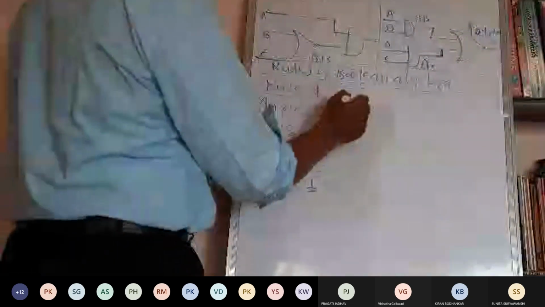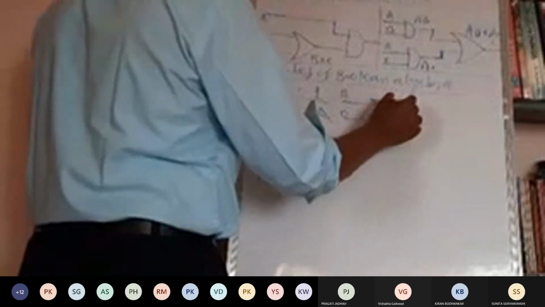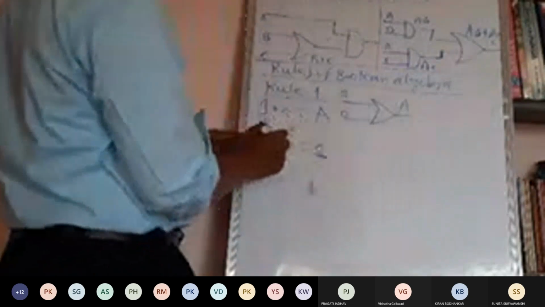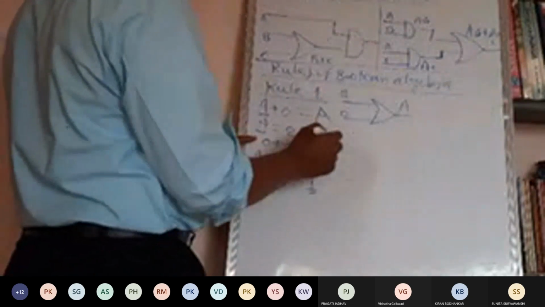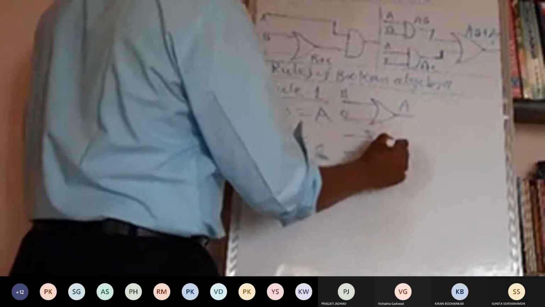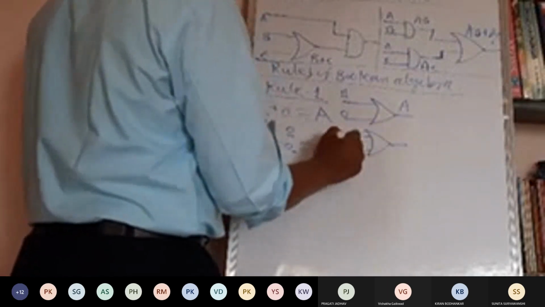Then a plus 0 is equal to a. If I have to draw that logical circuit, let's suppose this is a and this is a 0. A plus 0 is equal to what? A. ठीक आहे. पुढचं लॉजिकल सर्किट माझं याचं लॉजिकल सर्किट काय असेल? A is equal to 0. So both inputs are low. So its logical circuit is 0 and 0.